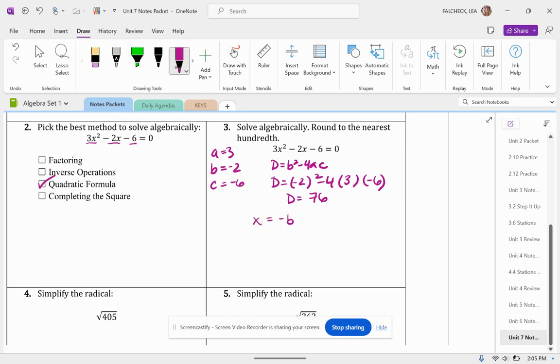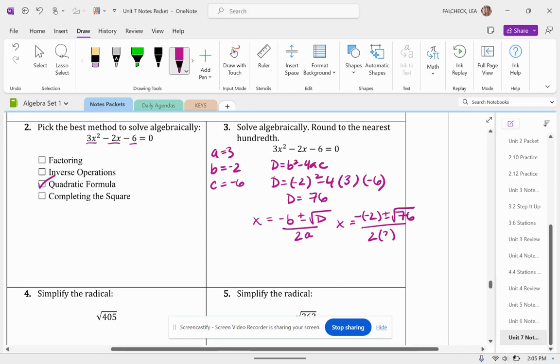x is equal to negative b plus or minus the square root of b squared minus 4ac all over 2a. So I'm going to copy everything with empty parentheses. All right, b is negative 2. The discriminant is 76. And a is 3.